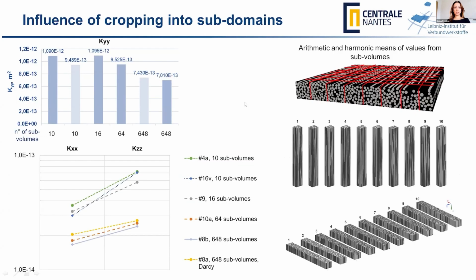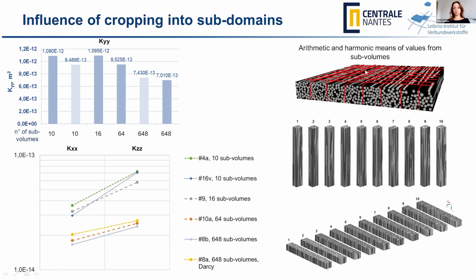So when we speak about image-based calculation, sometimes it can be interesting to subdivide your volume into a sequence of subvolumes, subdomains like this, and then to deduce the global value by the renormalization technique.